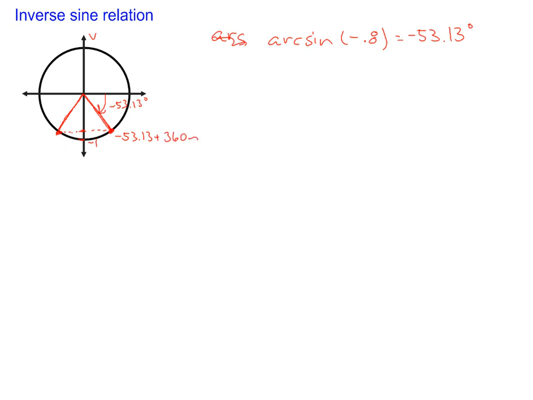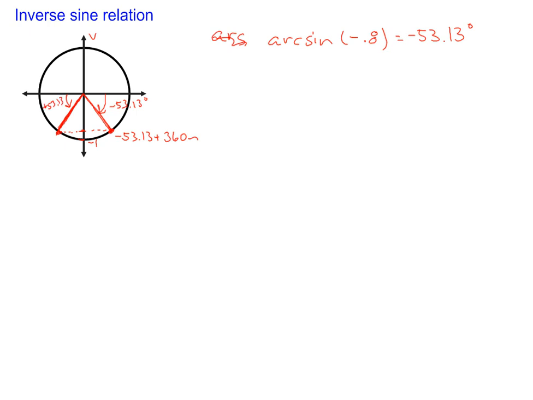Now I have to be cleverer to figure out what one angle having the other terminal ray is. I have to think harder. Because of symmetry, I know that this angle here is also 53.13 degrees. I'm going to say that this is positive because I drew this angle in a positive direction.